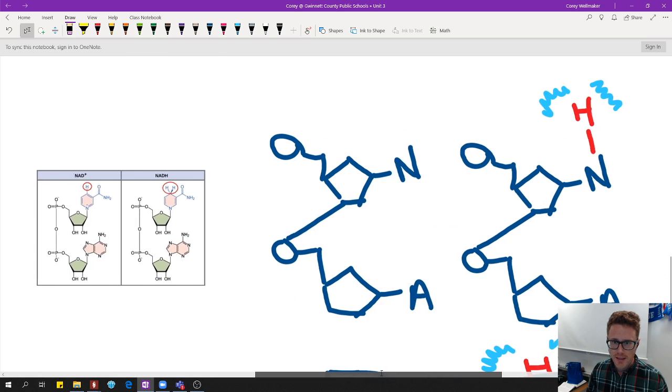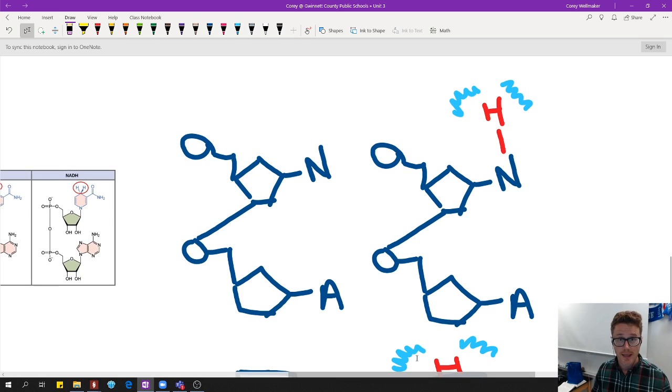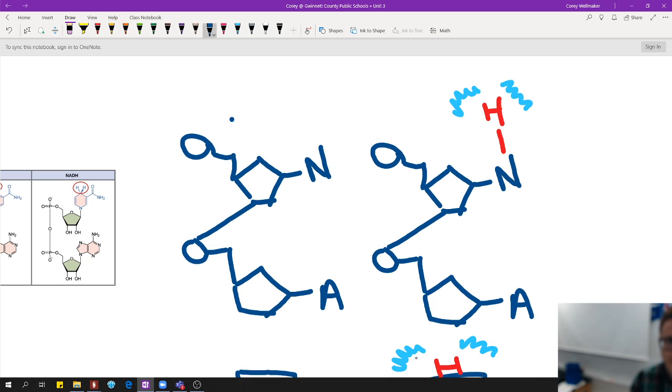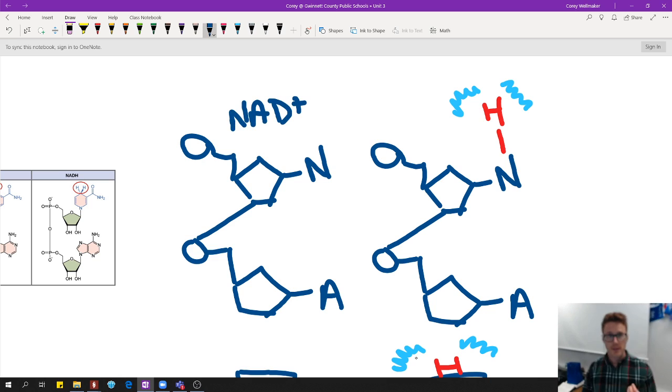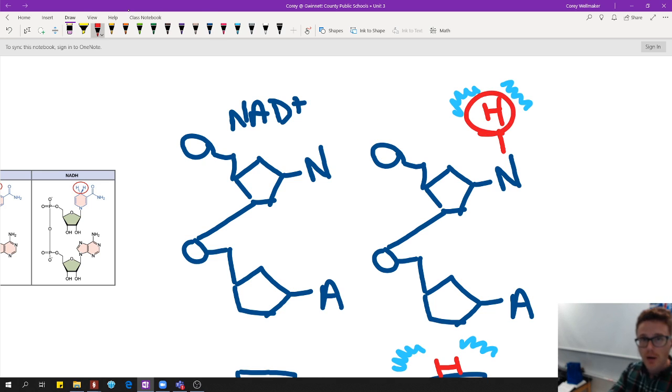In its oxidized state, when it doesn't have those extra electrons, we call it NAD+. But when it steals electrons from G3P, hydrogen's going to follow. And so this NAD becomes reduced into NADH. So the H right here is the H that it picked off of G3P, and high energy electrons follow.